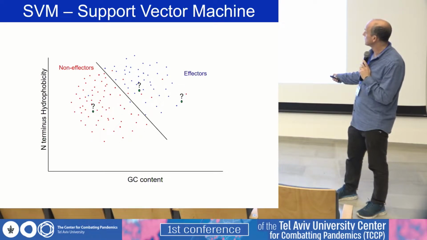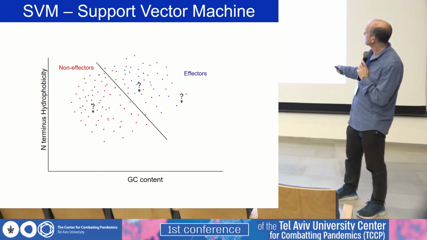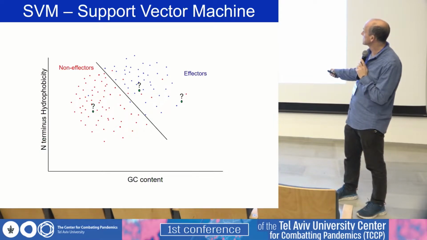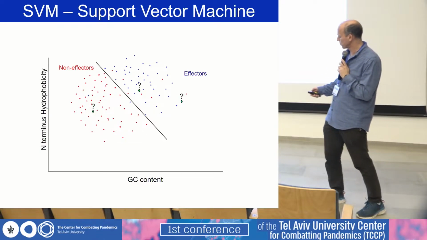In red we see proteins that are not effectors, so they have low GC content and low hydrophobicity. And effectors are here. So if we don't know what this gene is, probably it's an effector. And this gene that we don't know, probably it's not an effector. This is a very simplified version of reality.